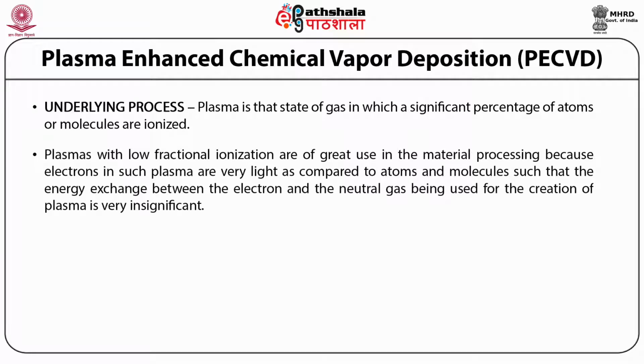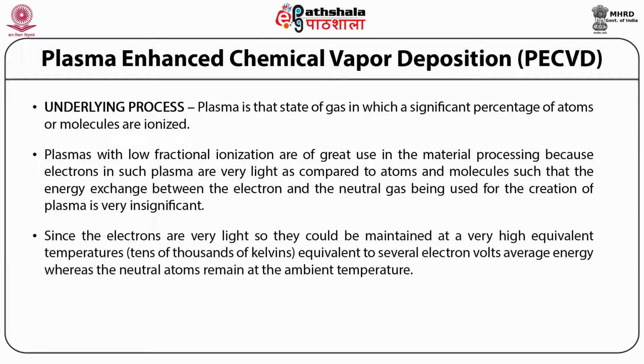Plasmas with low fractional ionization are of great use in material processing, because electrons in such plasma are very light as compared to the atoms and molecules. So, the plasma which is used for processing is operated at pressures between millitorr to a few torr.